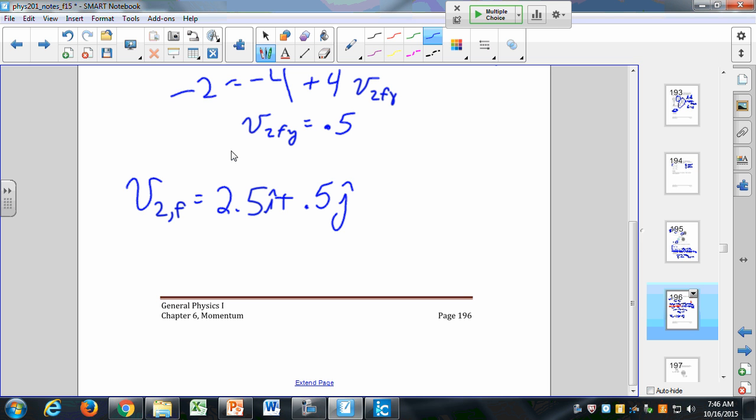I could ask you that, so make sure that you're up on that. If I want to know the final velocity, v2f, I would say that it's the square root of 2.5 squared plus 0.5 squared. I get 2.55 at an angle of arc tan of 0.5 over 2.5.